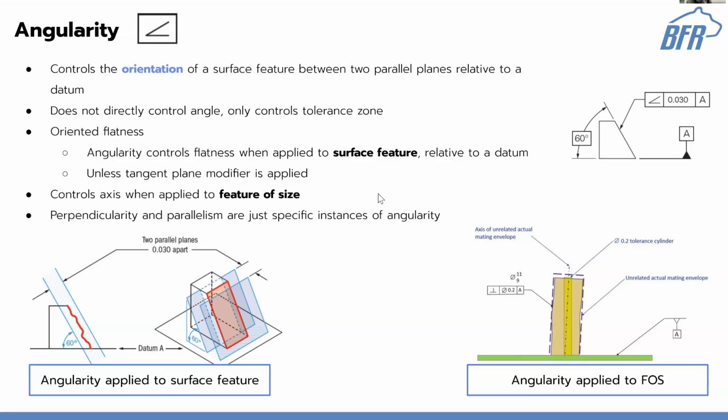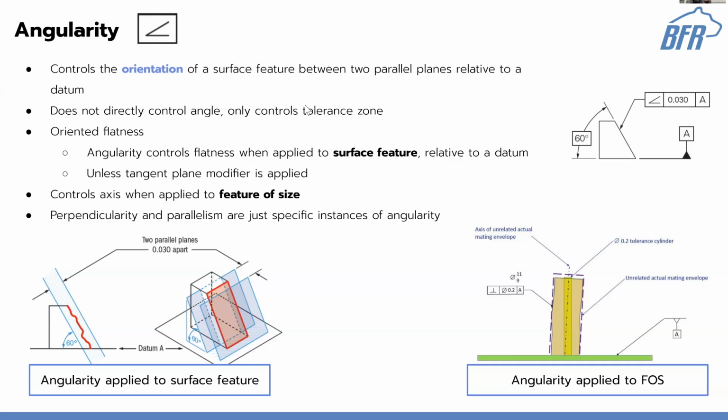And you'll see that depending on how you're using it or what you're using it on, it might apply to different things. So that example was doing it to a surface feature, right? Like I want this surface to be a certain angle from a datum.